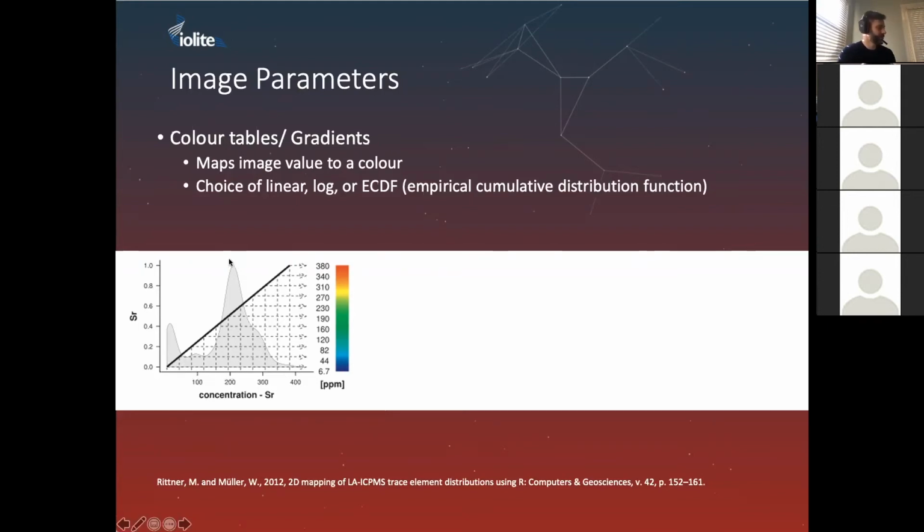Most of their pixels are in this around 200 range, and they have a few that are right up near 400. If we were to use a linear gradient for this, we can see the lowest value gets the lowest color. In this case, it's a rainbow gradient. So the lowest values would be assigned to blue colors, and then the highest values would be assigned this reddy orange color at the top here.